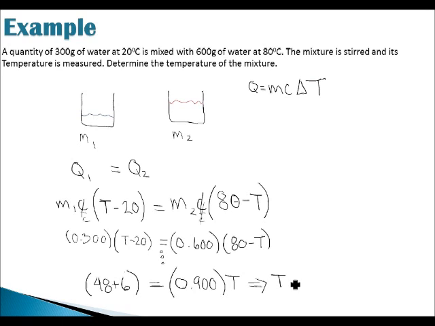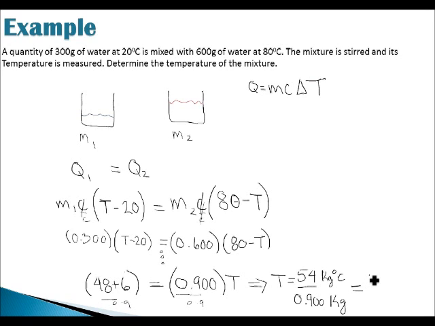The temperature is equal to, so we add these up, 48 plus 6 is 54. Now we want to isolate for T, so we divide both sides by 0.9. So this is 54 divided by 0.900. If you want to keep track of the units, you should see 54 kilograms degrees Celsius divided by 0.9 kilograms.